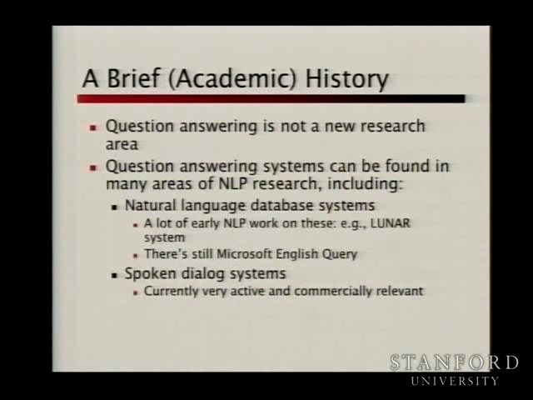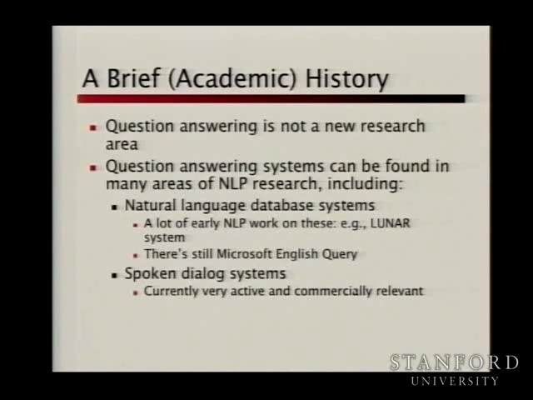Okay. So if you look at the history of NLP, overall question answering just isn't a new area. I've already mentioned when we talked about compositional semantics that there was tons of work in the early days about doing question answering from things like databases. So that's when there were famous systems like the Lunar system, which had facts in a database about moon rocks, and you could ask questions about what minerals are found in moon rocks or things like that.